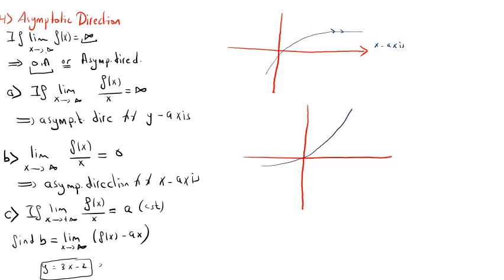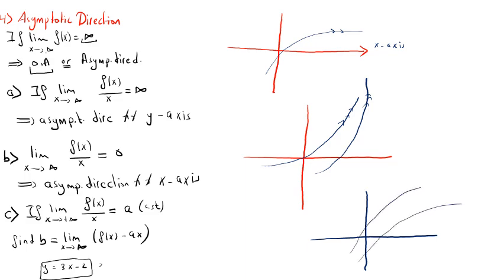It continues like that, or it can be more parallel to the y-axis in this case. Any student can draw the graph in this way or in this way or in this way, but if we calculate the asymptotic direction in part A or in part B, we can know exactly if it is parallel to the y-axis or parallel to the x-axis.